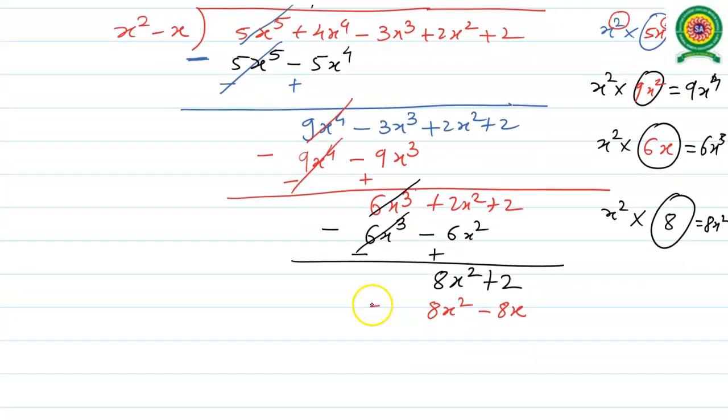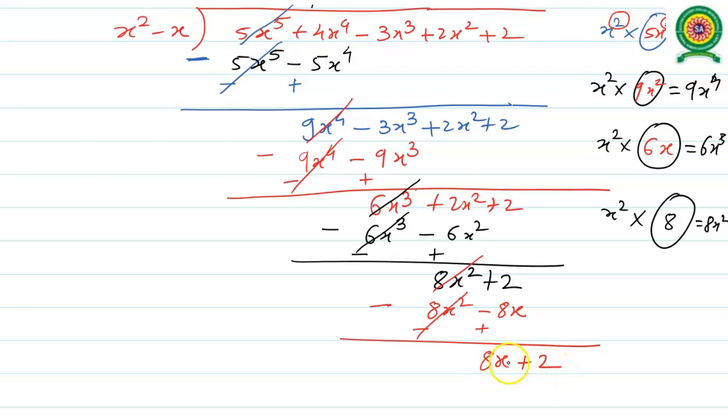Now be focused. We are in the division, do the subtraction. Due to the middle sign being minus, positive 8 becomes negative 8 and negative 8 becomes positive 8. Positive and negative terms are getting cancelled. Now 8x and 2 are unlike terms, so they can never be added or subtracted. So now our remainder becomes 8x plus 2.